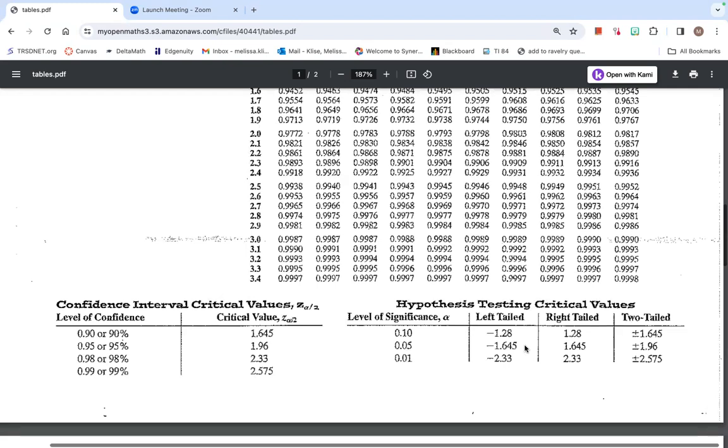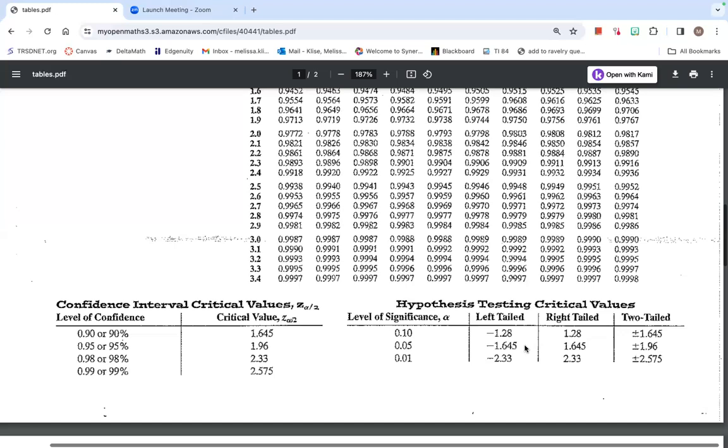Right-tailed test will always be positive. Even if you calculate it and you get the opposite sign, this is the way it is. Left tail's always negative, right tail's always positive. A two-tailed test, you'll have a plus or minus, so the positive and negative both apply.